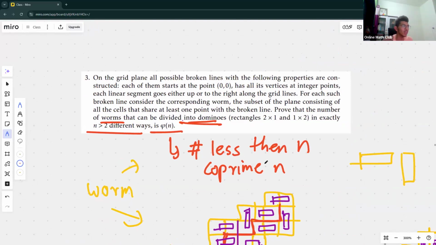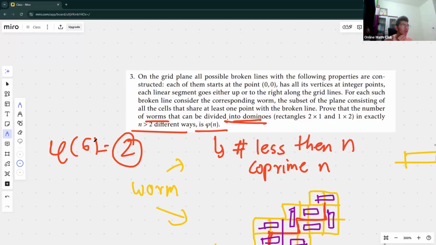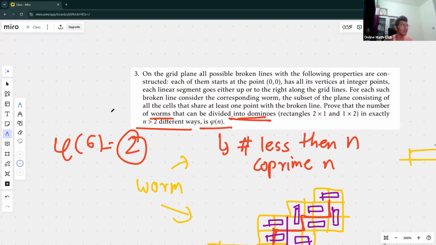Suppose we have phi of 6. How many numbers less than 6 are coprime to 6? 1 and 5. So phi of 6 is 2. So what it is telling is that the number of worms which can be covered in exactly 6 ways is 2. There are only 2 such worms, not more or less.